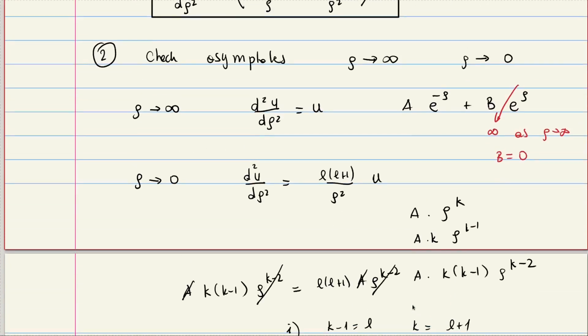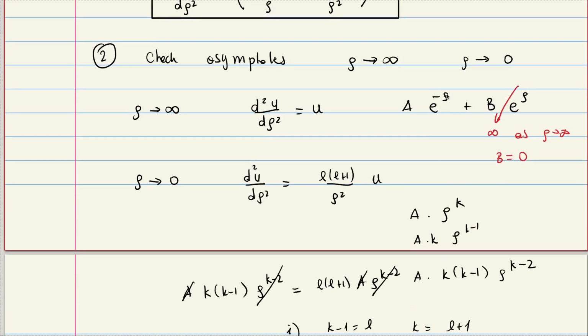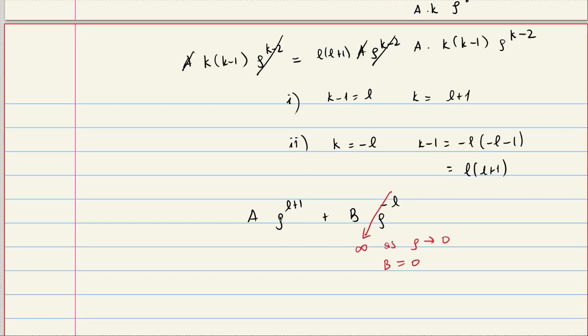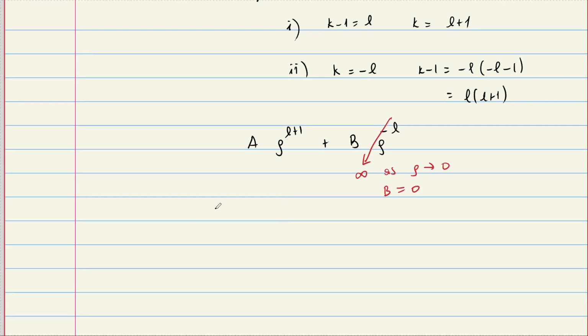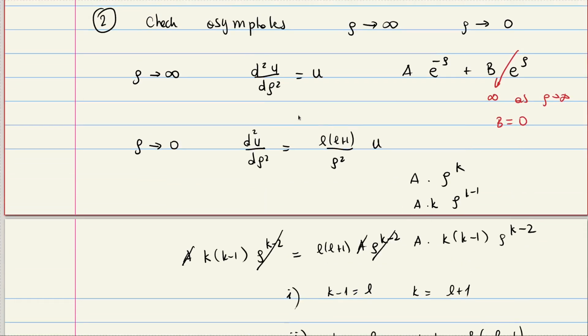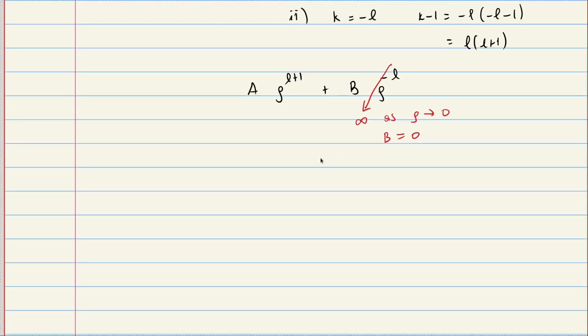So we have two asymptotes. One asymptote, as rho goes to infinity, there's this exponential, and the second asymptote is rho to the L plus 1. Then a reasonable function to put in this equation before the power series is the following.